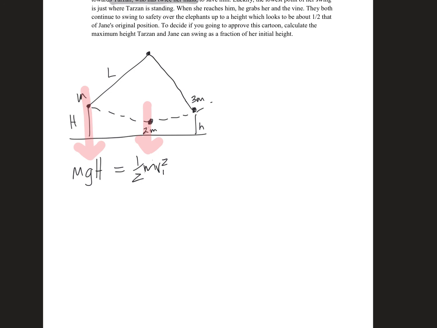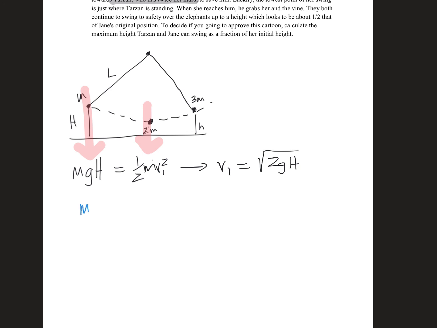I think I'm going to leave that out there. So that's the energy part. V1 will be the square root of 2G capital H. So that's the energy piece of the puzzle.